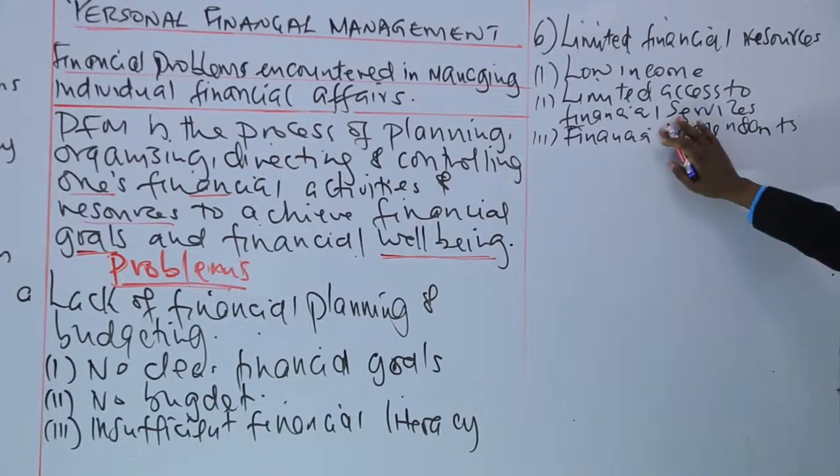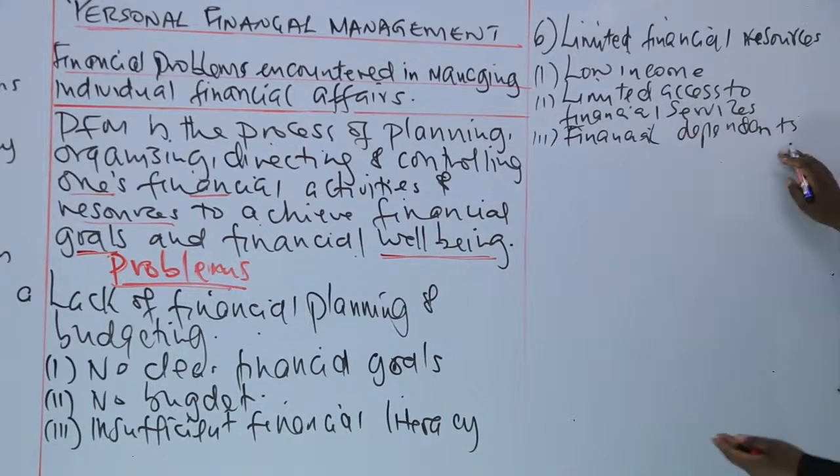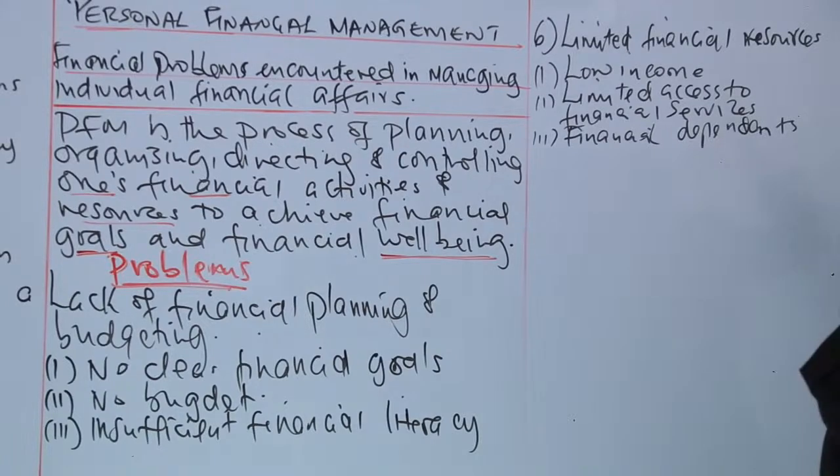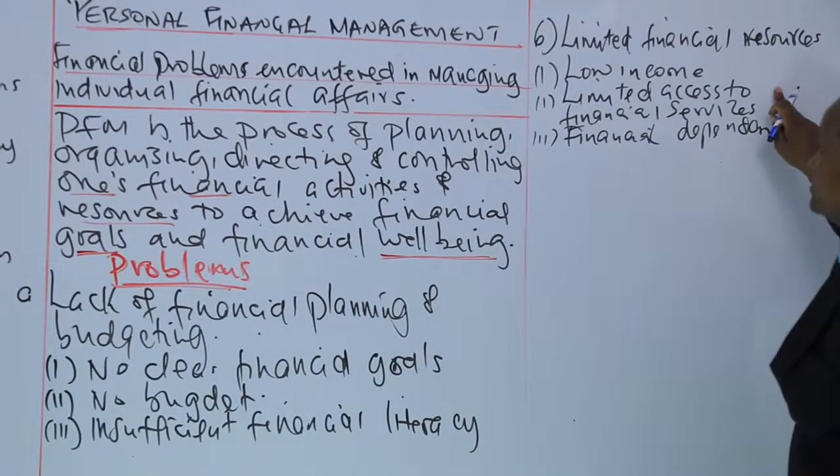Dependence, depending on such income. Financial dependence. That may include supporting family members, friends and neighbors, which can put additional strain on individuals' finances. Also, limited access to financial services like banking.